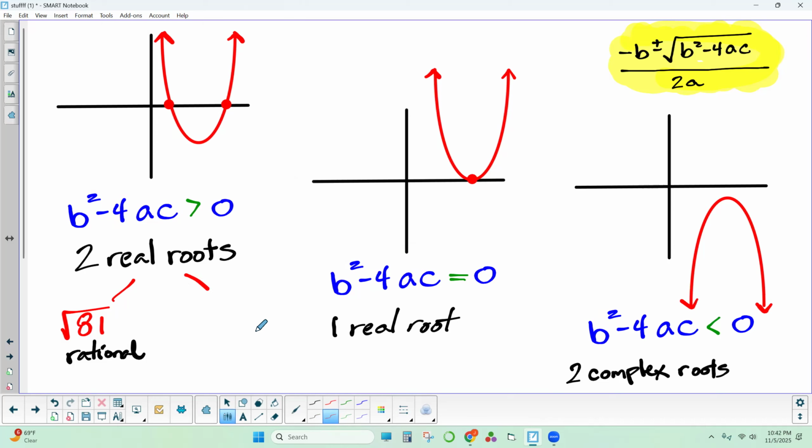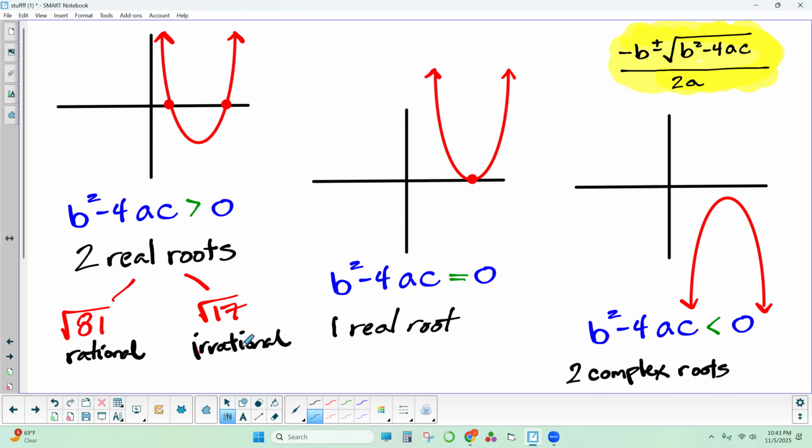And then the other scenario is we simplify and we get a number that is not a perfect square under the radical. So our discriminant is, say, 17. This is going to give us two real roots, but two real irrational roots, okay? Irrational roots.